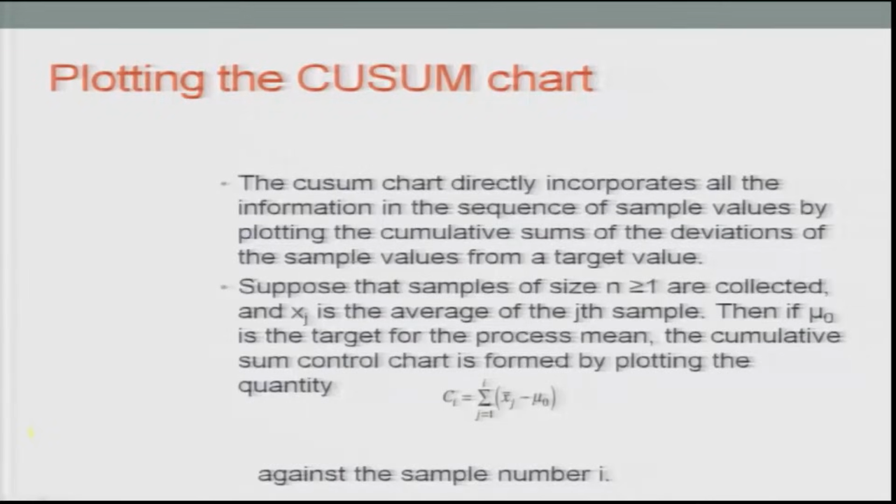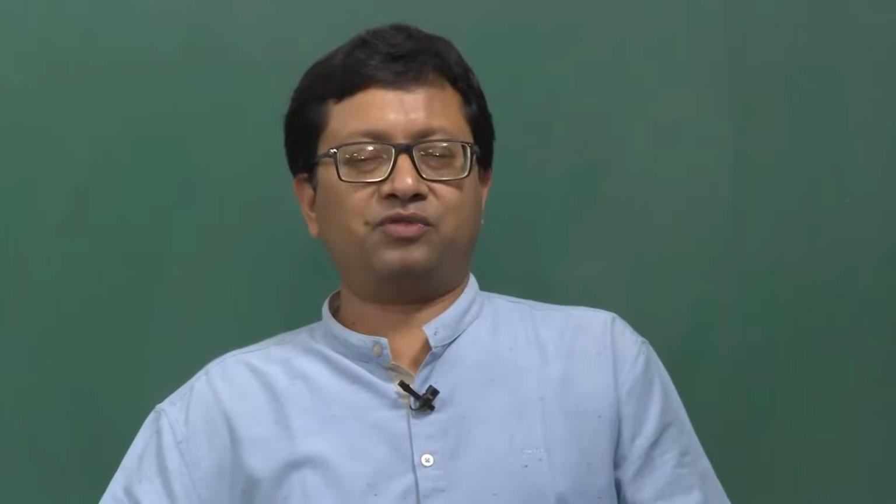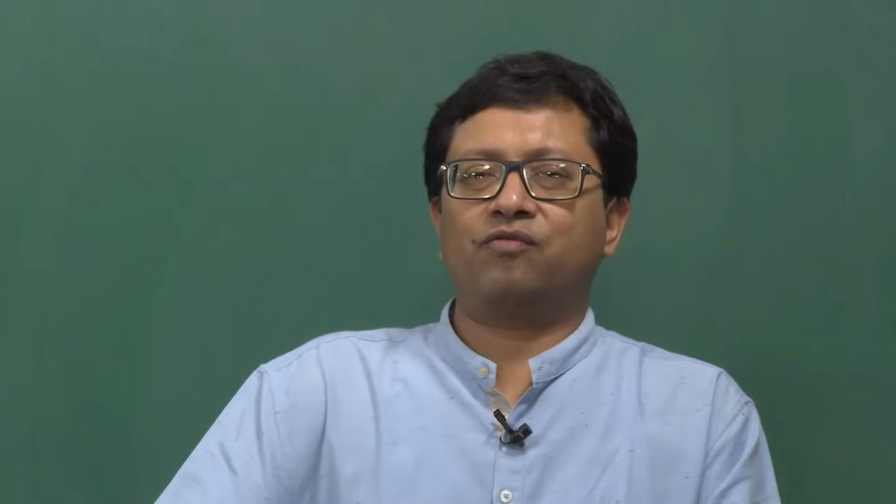This is what is meant by mu_0, the target for the process mean. The cumulative sum control chart is formed based on the fact that you want to find the total cumulative sums of the differences between the averages for each subgroup and the target value.